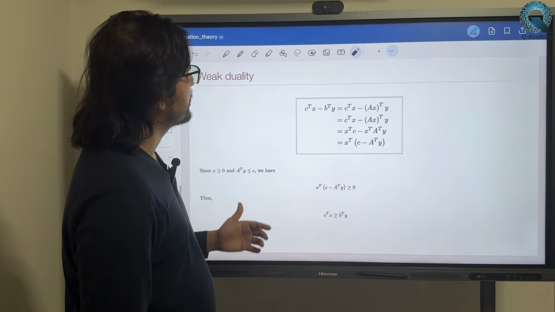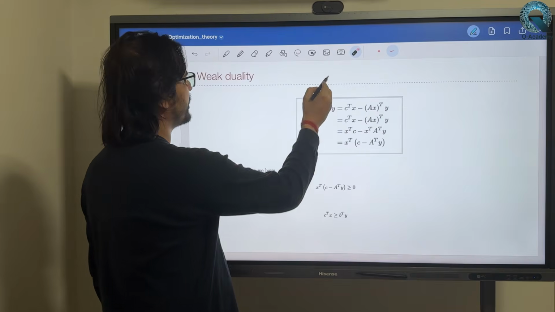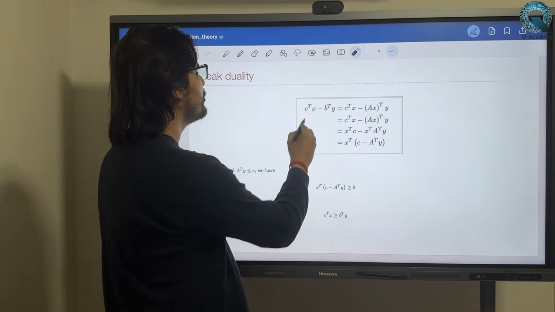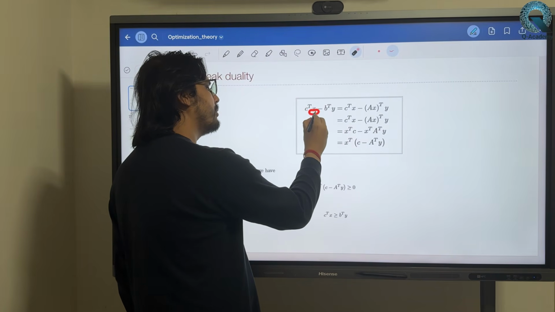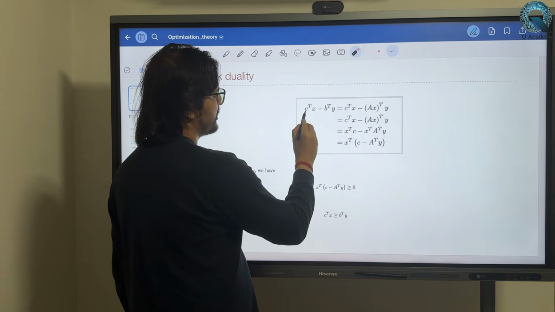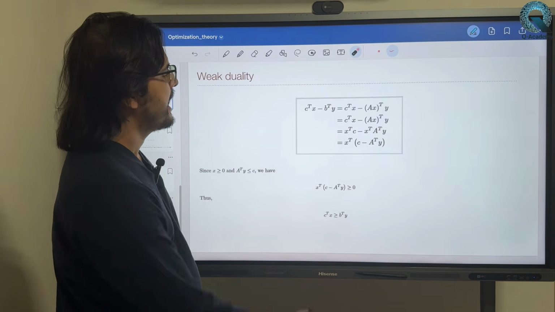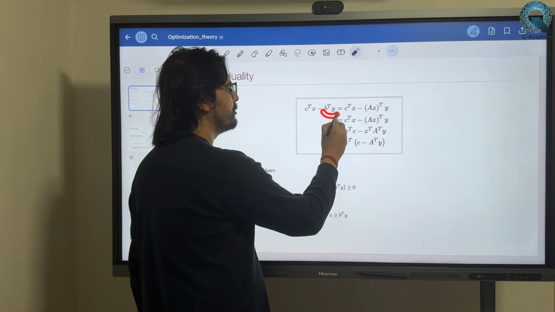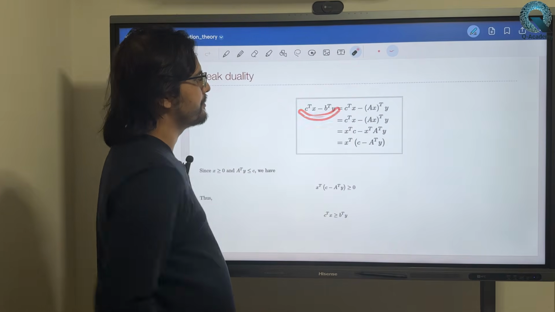Now, corresponding to LPs, there is this very nice property called weak duality. You notice that for every primal feasible solution X, the corresponding primal value is C transpose X. And similarly, for a dual feasible solution Y, the corresponding dual value is B transpose Y. Let's look at the difference between them.